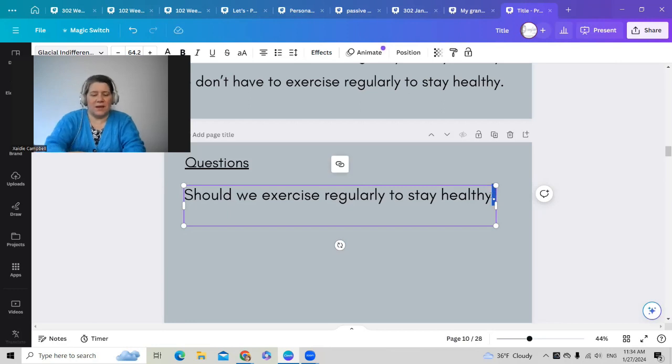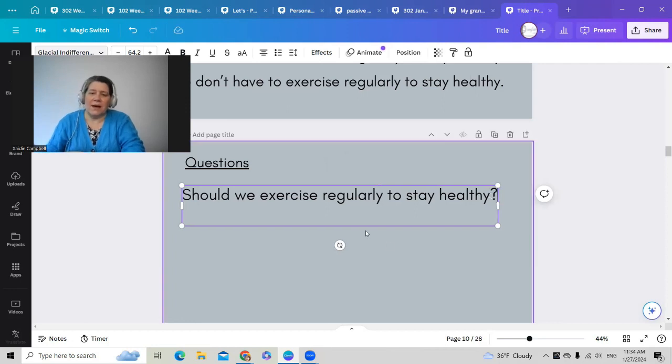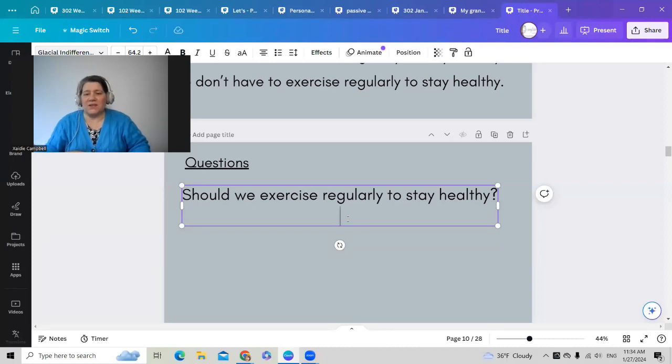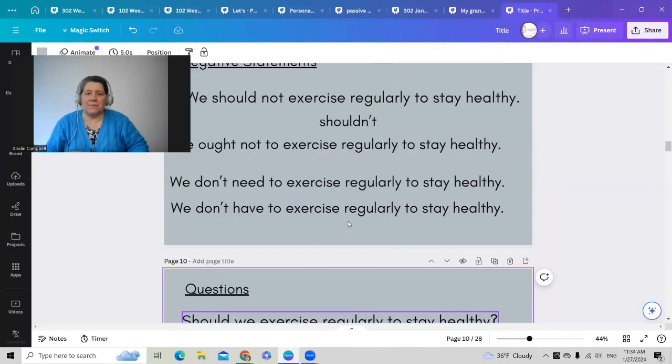Let's look at the other forms. Now remember, these all mean the same thing. This one, should, we use to give advice. We also use it to express obligation. Okay, should we exercise regularly to stay healthy?